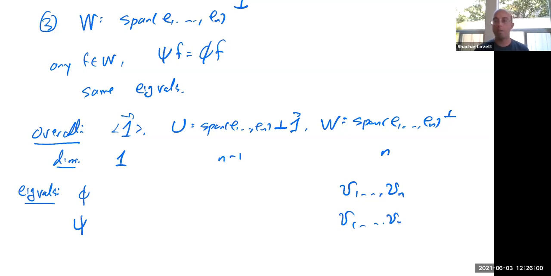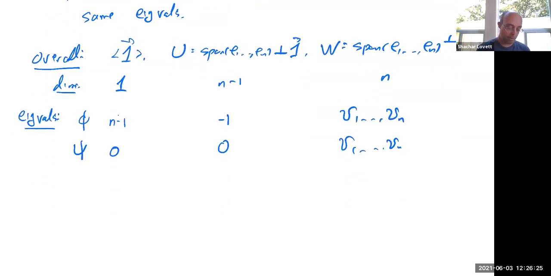The only difference is going to be the way they act on the previous spaces. On 1 we saw phi has eigenvalue n-1, and psi has 0. On the n-1 copies, phi is going to be -1, and psi is going to be 0.